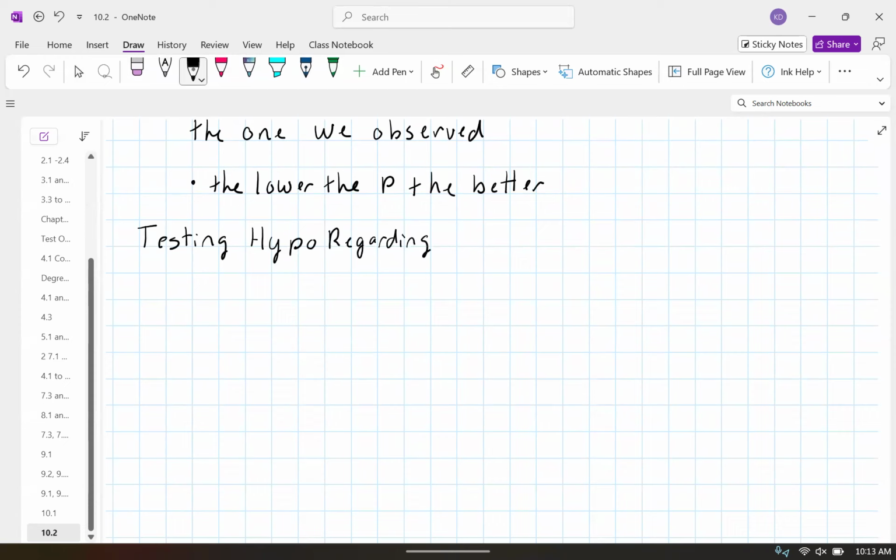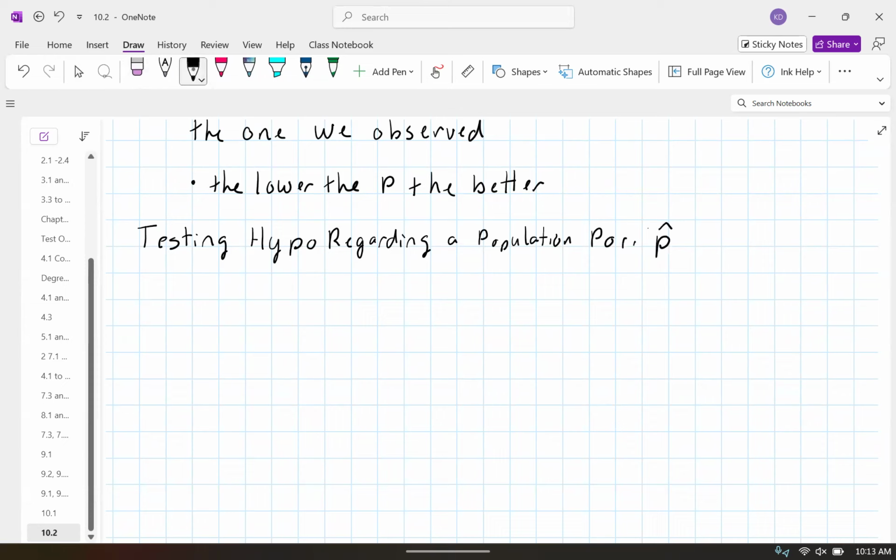Population proportion. This is p hat. Sorry, I struggle with proportion. There are too many PROs in there. Okay, the first thing we want to do, after we read through and make sure this is the right test for us, is determine our hypotheses.